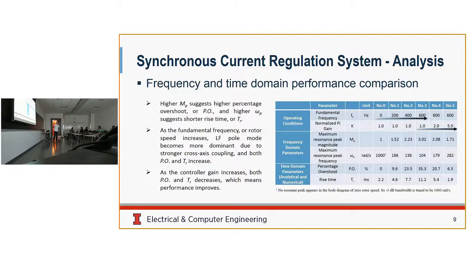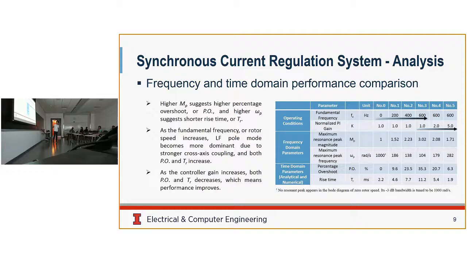We can see that as the speed increases, the performance deteriorates, because the percent overshoot and the rise time increase as well. And as the controller gain increases, the performance improves.